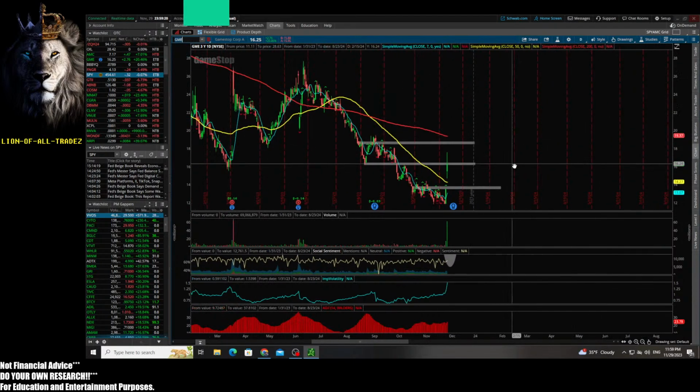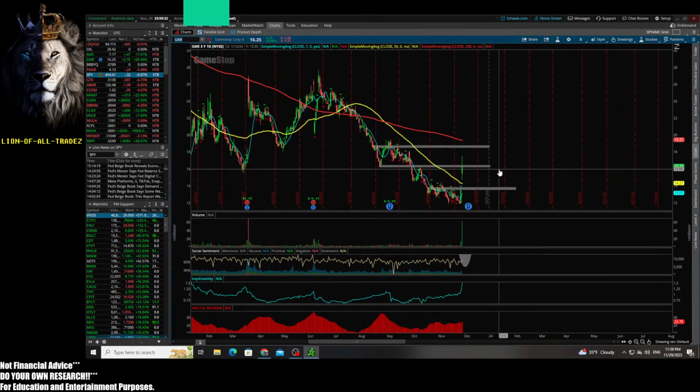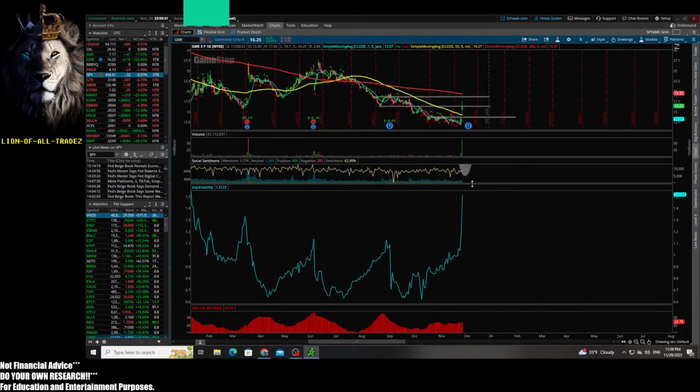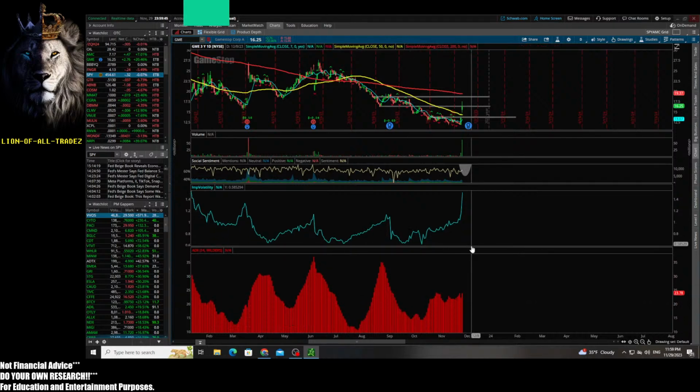I'm just here messing around with the chart, messing around with studies, learning about them, adding different things on here. As you can see here, I have implied volatility, which I need to learn and see what it pretty much indicates. And then I have here the ADX, so I can know exactly what's going on.